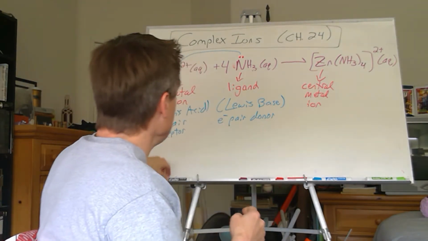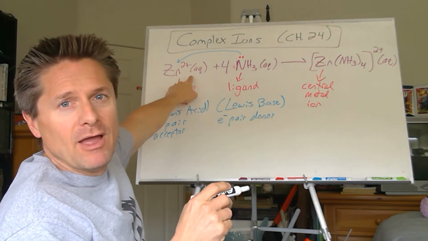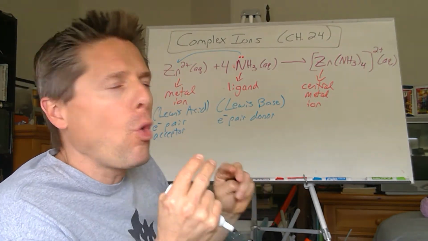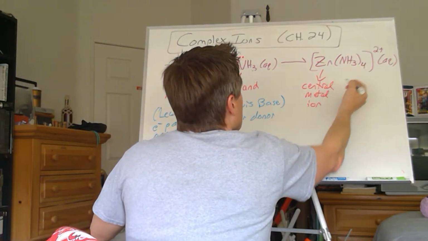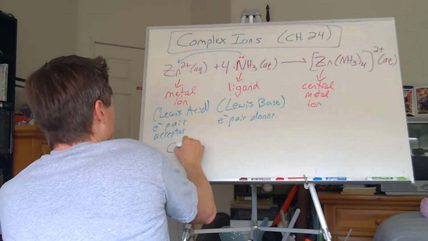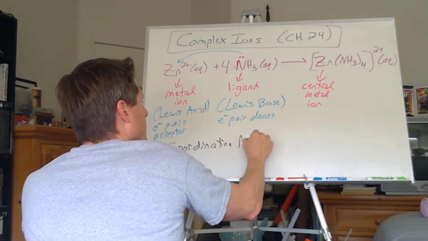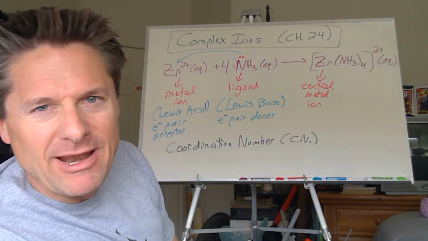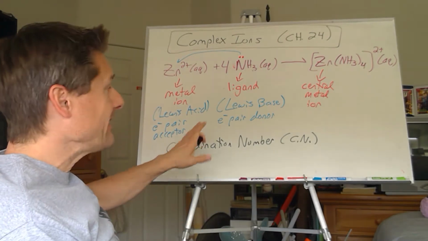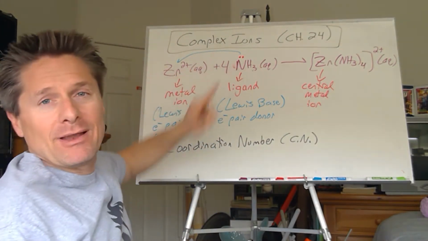And the number that it reacts with, the number of points of contact, is called the coordination number. So this is a coordination number, or we'll just go CN because I get tired of writing coordination number over and over. That's the number of points of contact that a ligand lone pair attaches to.